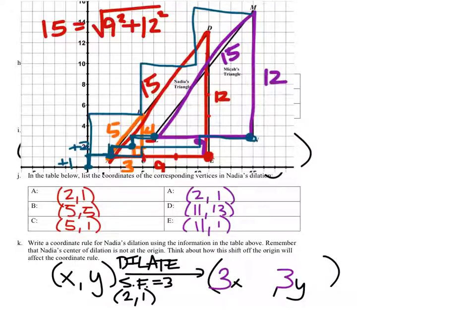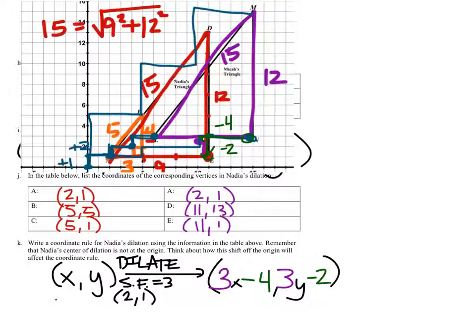But then what do we do from there? Well, let's look at N and E, which correspond. We go to the left 4 and then down 2. So we're going to do that for the x's and y's. We went to the left 4 and then down 2. We should check this just to make sure. Let's do it with 5, 5.